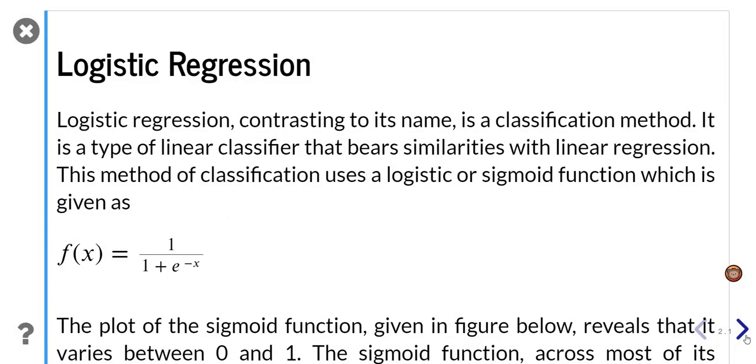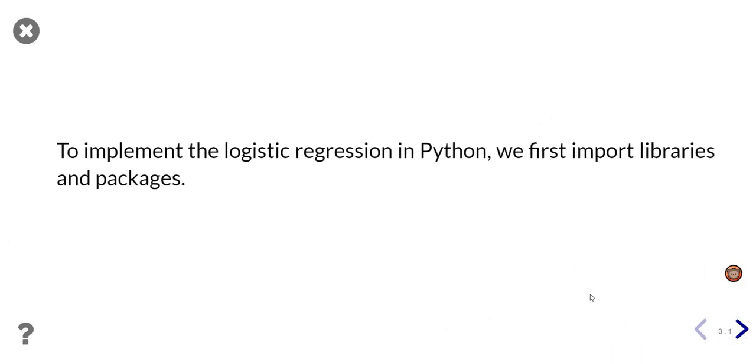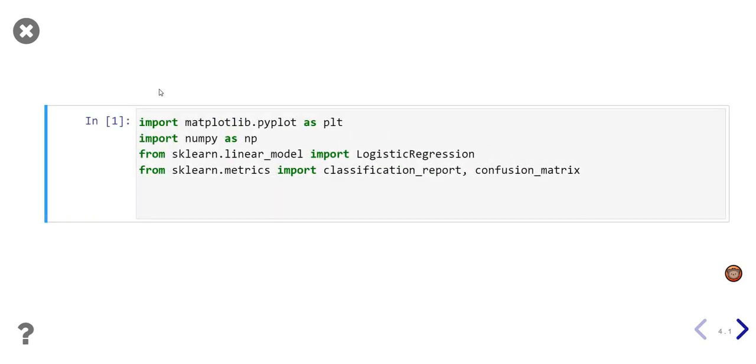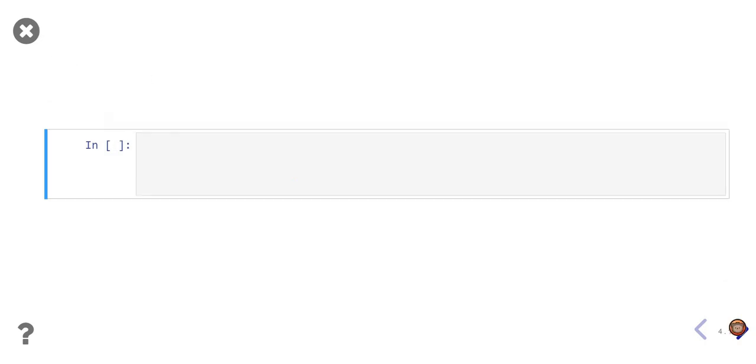All right. So in order for us to implement the logistic regression, we can import the libraries and packages. We're going to have some plotting, so we can import matplotlib pyplot.